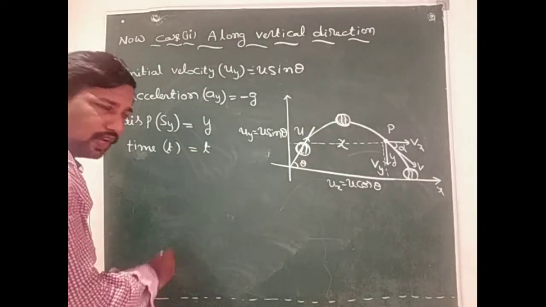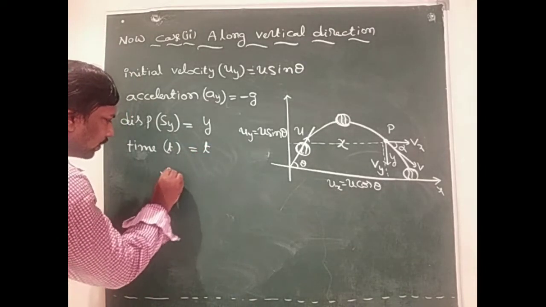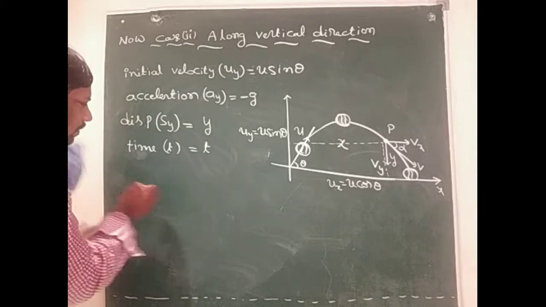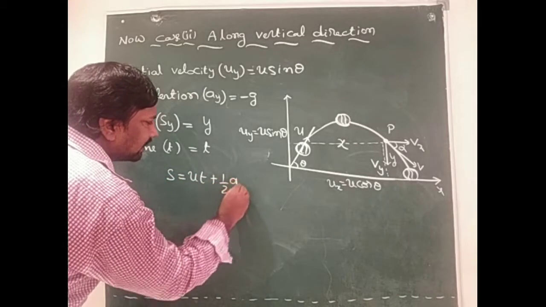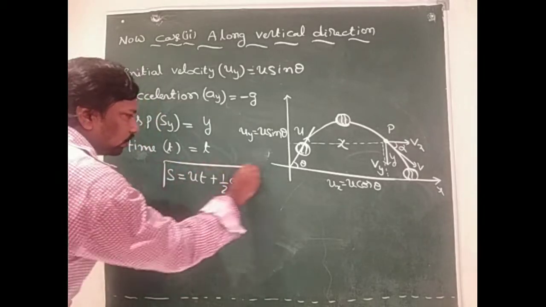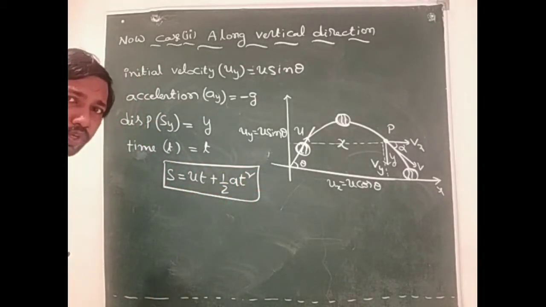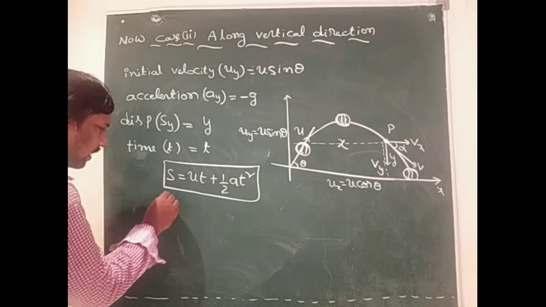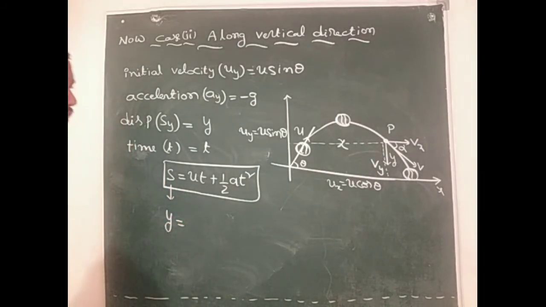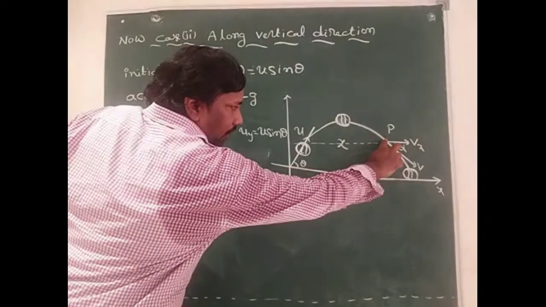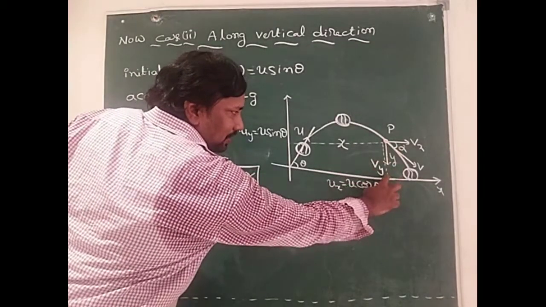Now using the equation s equal to ut plus half at square. So here s means vertical distance covered by the particle after t seconds. So this is y.